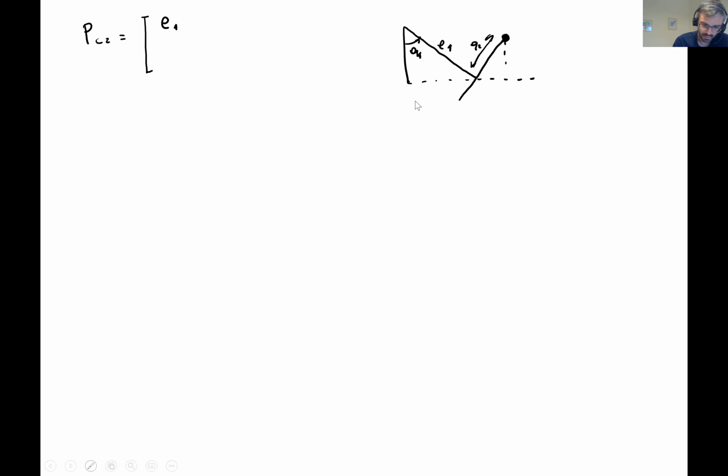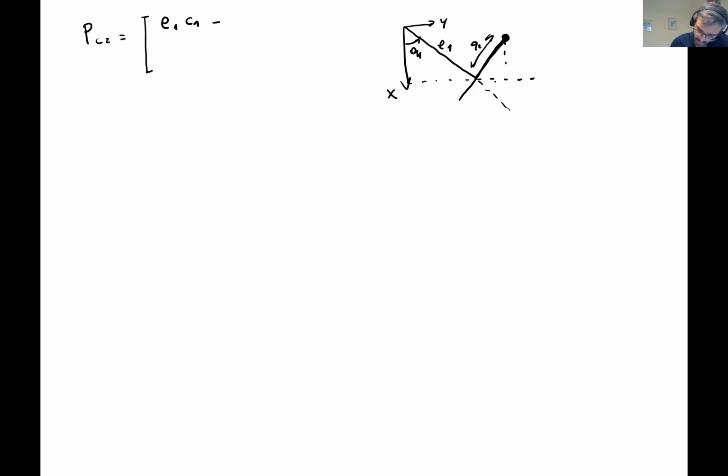To compute this, we need the x coordinate: we take L1 cosine of Q1, and this is the x coordinate. For the y coordinate, we see that we need to subtract Q2.